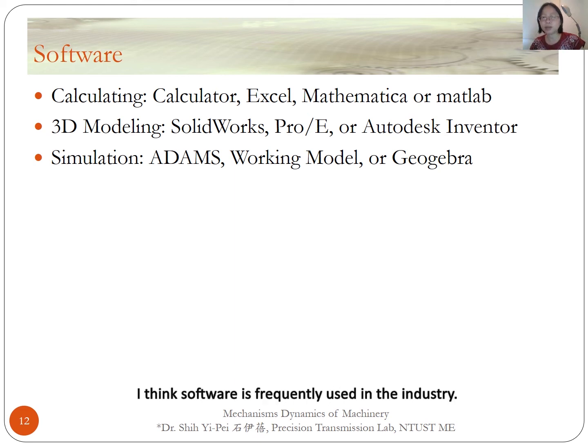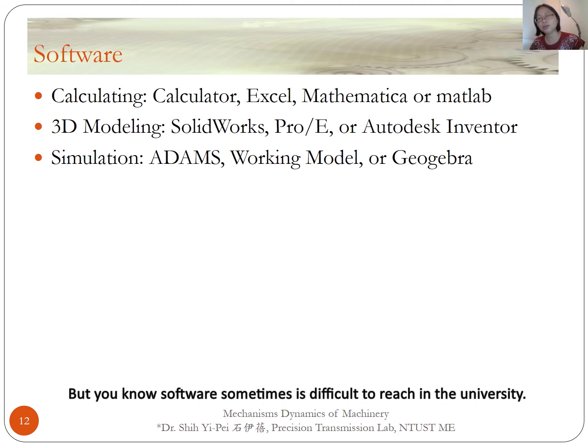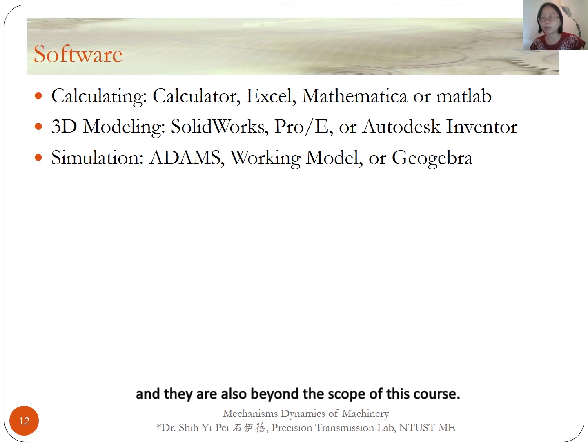I think software is frequently used in industry, but software is sometimes difficult to access in the university, and they are also beyond the scope of this course. If you have the software and want to learn it, you can contact us individually.